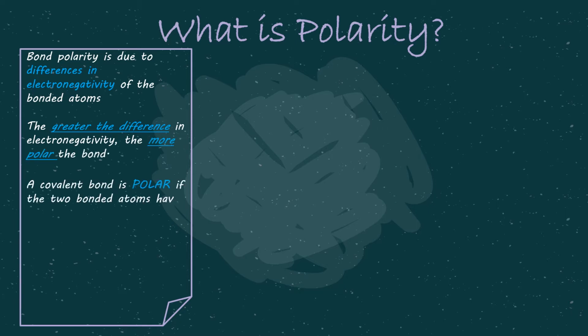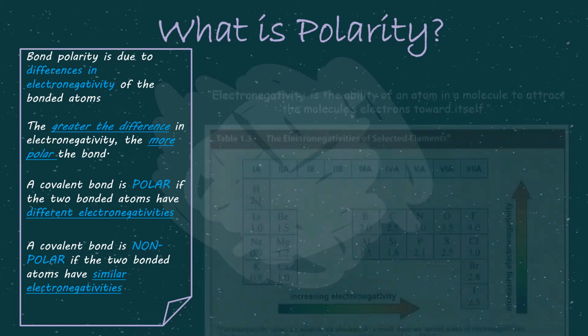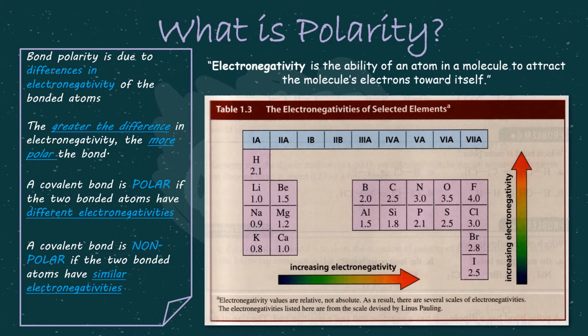A covalent bond is polar if the two bonded atoms have different electronegativities. A covalent bond is non-polar if the two bonded atoms have similar electronegativities. So it is very useful for you to have the periodic table together in order for you to understand electronegativity and so that you will understand the polarity better.